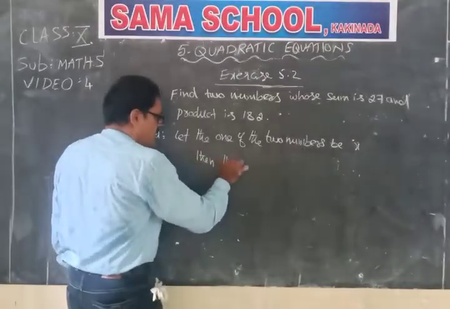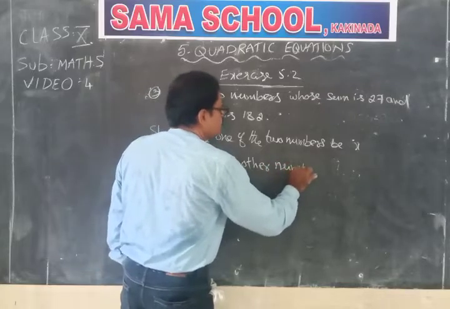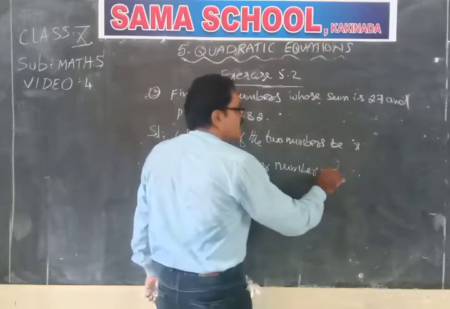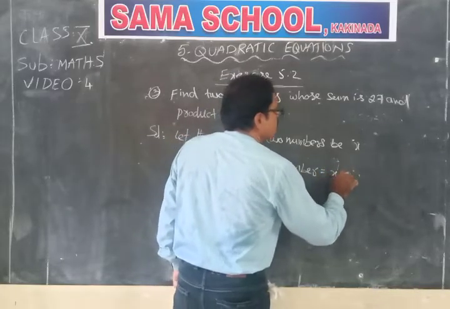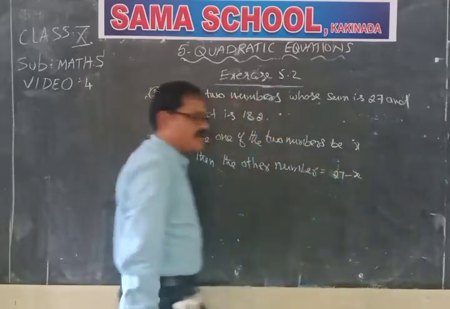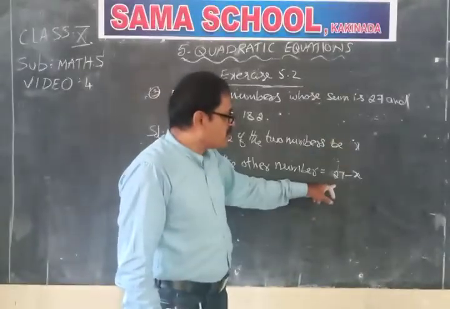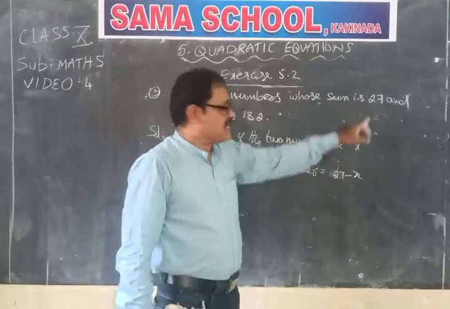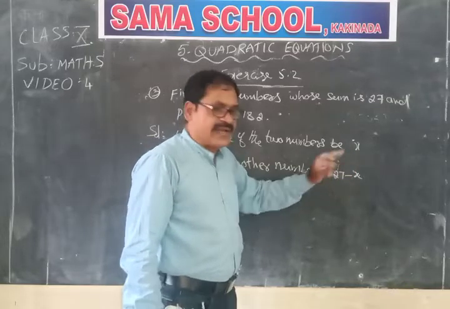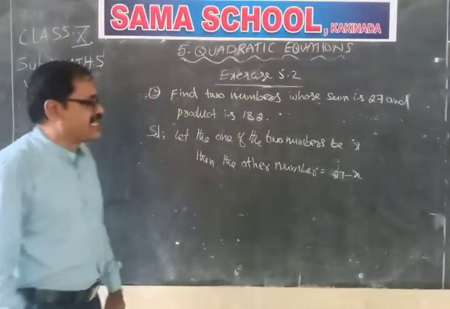Then the other number is 27 minus x. Why? Because if you add these two numbers, their sum will be 27. That's why if one number is x, the other number is 27 minus x.